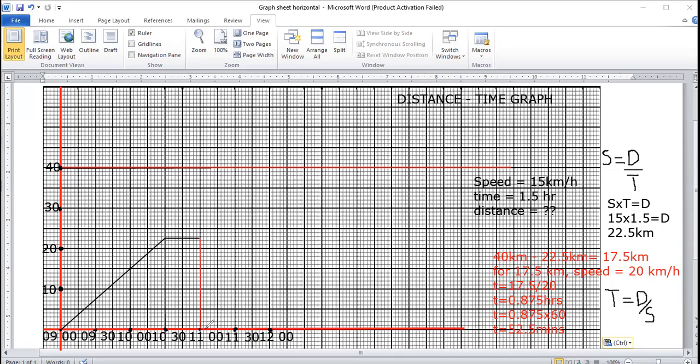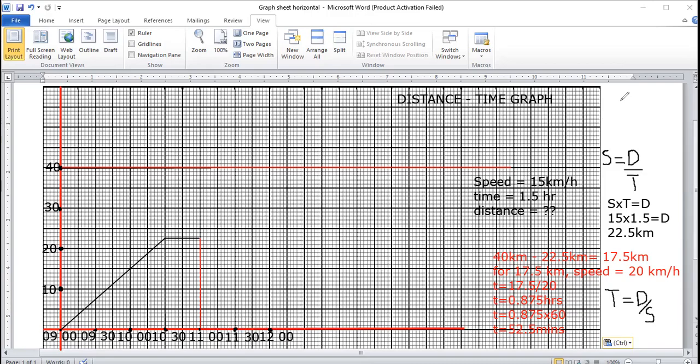Now, as you can see over here, from 11 to 11:30, in between there are 10 boxes. 11 to 11:30 means a difference of 30 minutes from this point to this point, and in between these two there are 10 boxes.